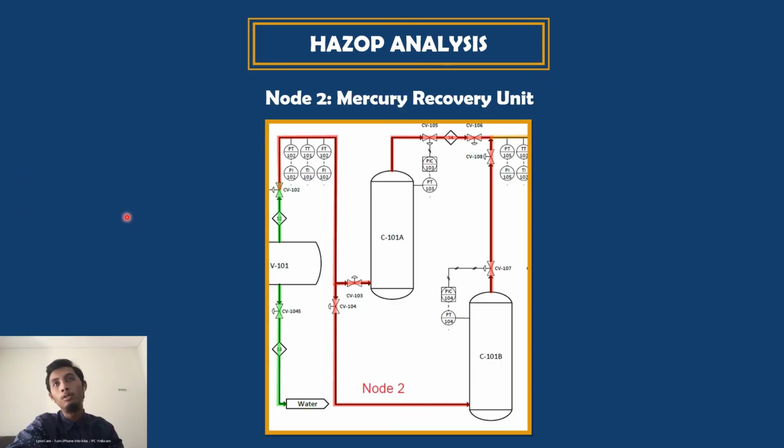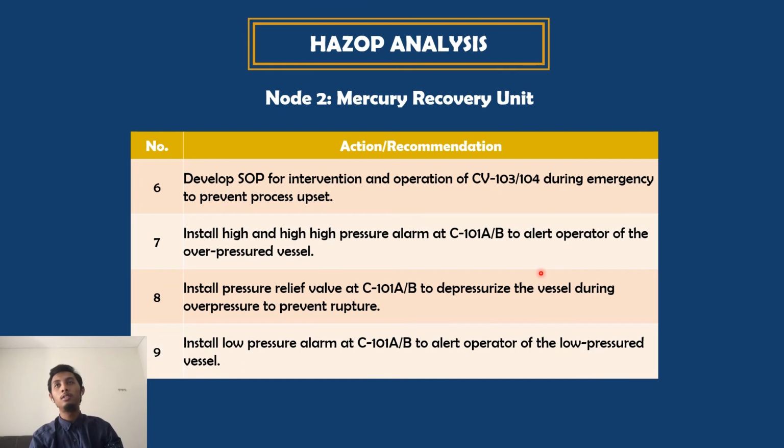Alright, so this is the note for Node 2, which is the mercury recovery unit. Alright, these are the recommendations that we get from the HAZOP.